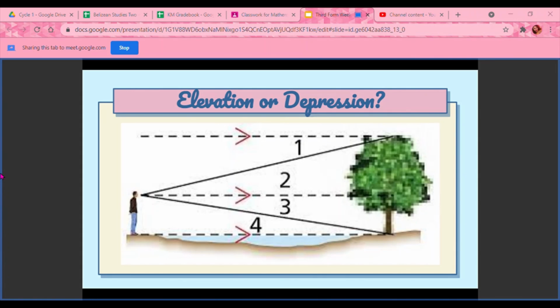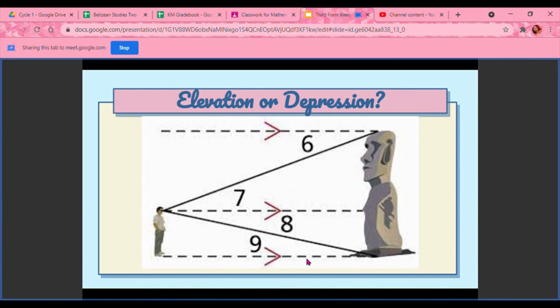Are you ready for the second one? Okay. Yes. Look at the picture. I'm going to give you a few minutes. I want the angles of elevation. Which ones are showing elevation? So from the broken line, I go up.